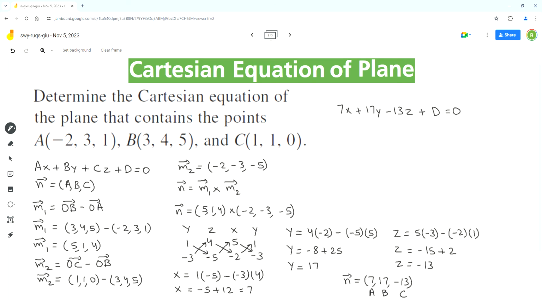Next, we have to find the value of D, and for that, we have to use one of the 3 given points. The easiest point to use will be point C because it has the smallest numbers as coordinates.